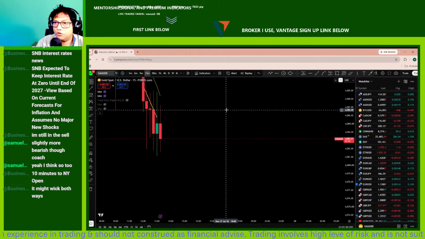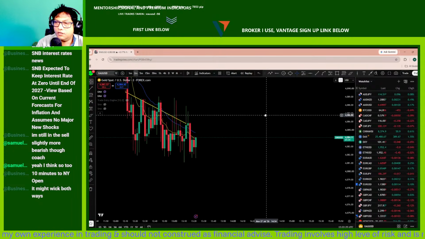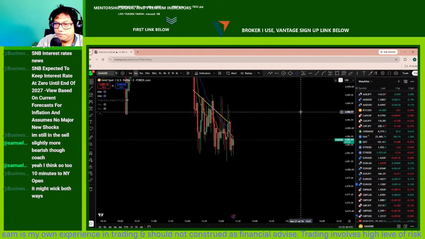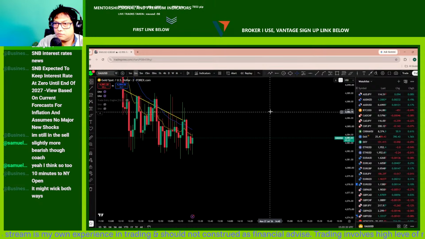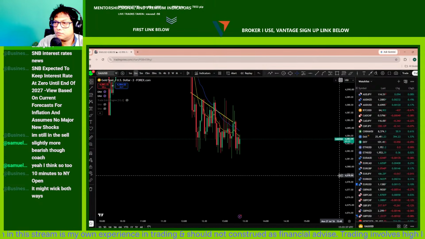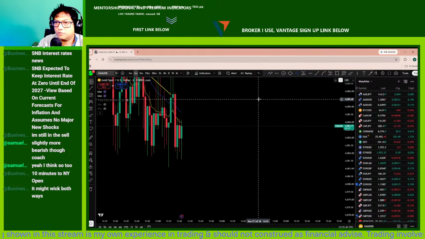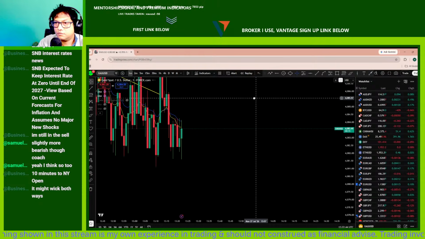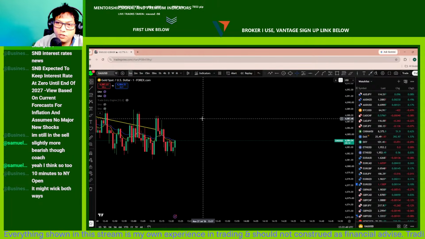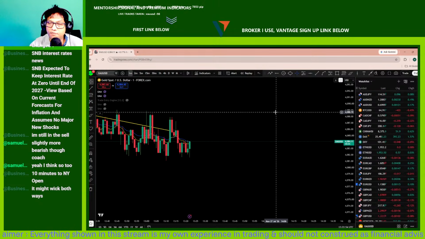Okay, so here at this level, again pushing back above. From this support that shows a possible reaction again in this area.